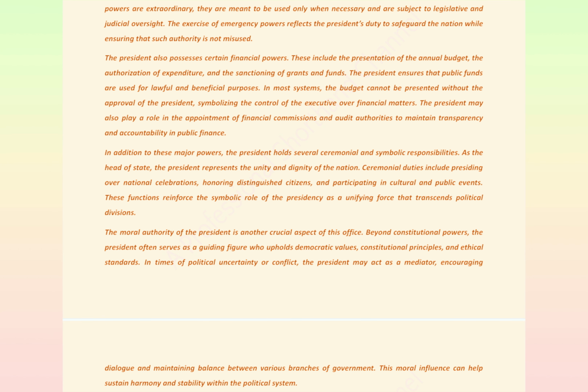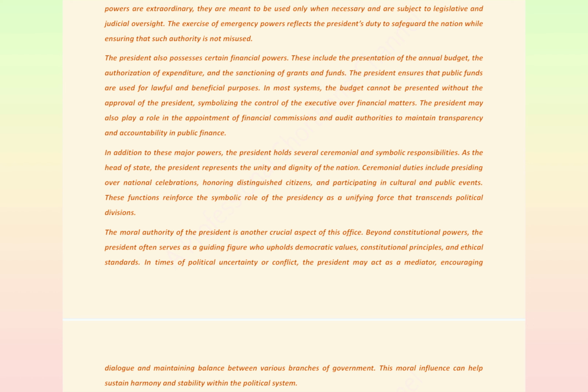While these powers are extraordinary, they are meant to be used only when necessary and are subject to legislative and judicial oversight. The exercise of emergency powers reflects the President's duty to safeguard the nation while ensuring that such authority is not misused.